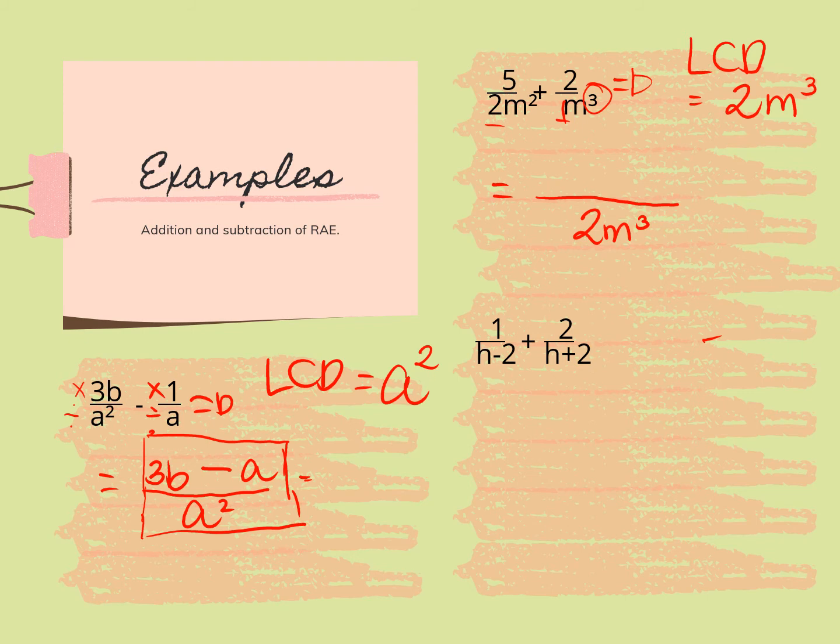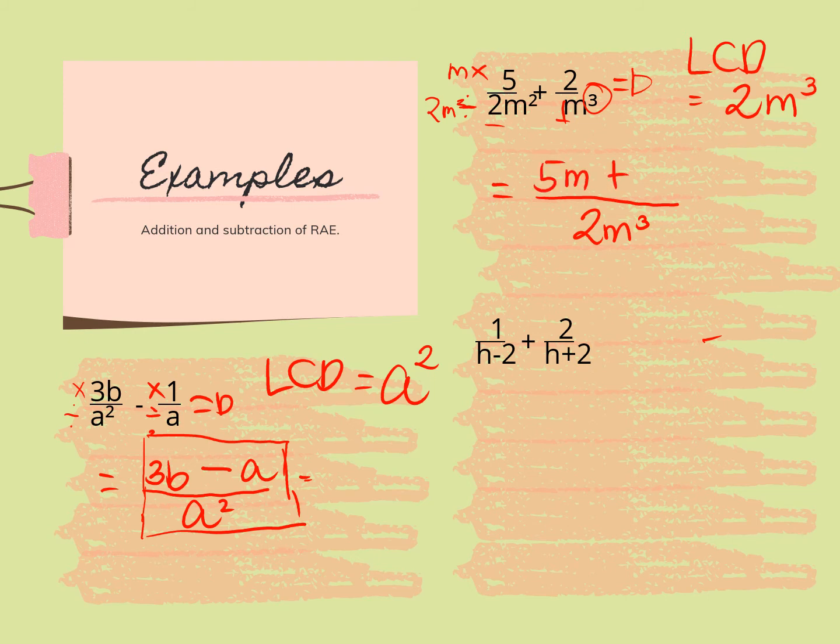And then divide. 2 divided by 2 is 1. m cube divided by m squared is m. Times 5. So, 2m cube divided by 2m squared, makukuha mo yung m. Times 5, you will have 5m.